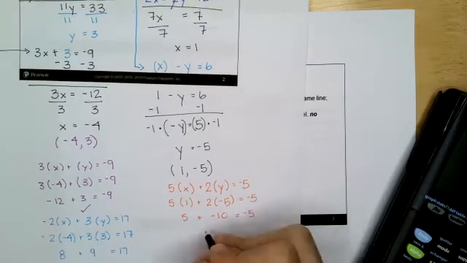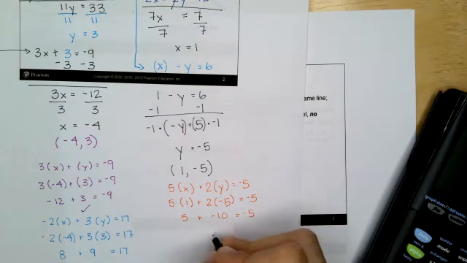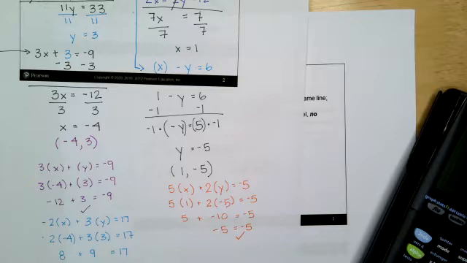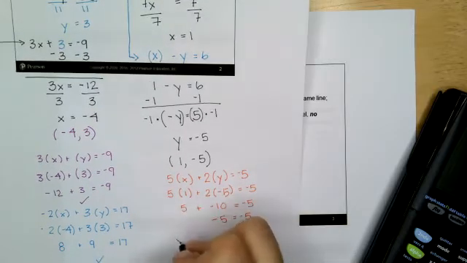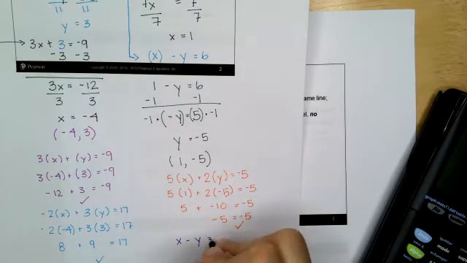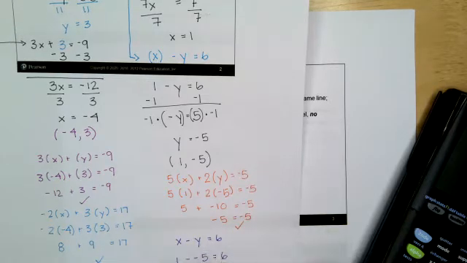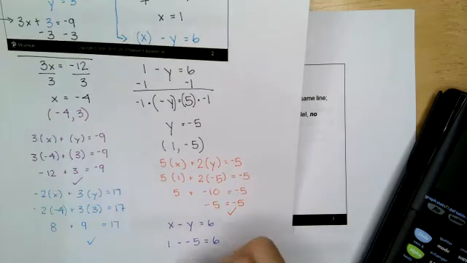I would say that's true, right? -10 plus 5 is just a -5 equals -5. Our other one was x minus y equals 6. So that's 1 minus -5 equals 6. 1 plus 5 is 6. Also true. Good.